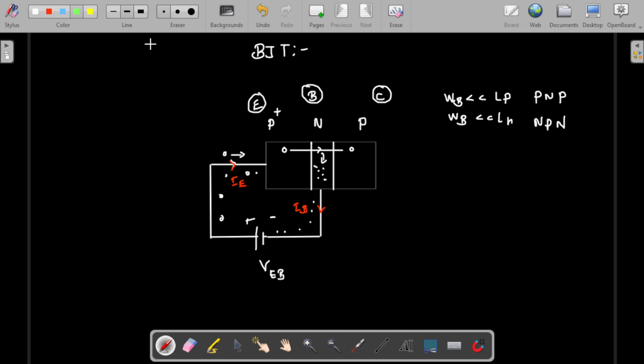Let me use the red pen itself for the first current movement. Some electrons will move from here to here, and we know that the holes are already moving from here to here. So this is the understanding that we are making here. Okay. Some holes will recombine, and based on that some electrons will go here. This is from the base region. But that will not be enough to maintain neutrality or the condition of the movement.